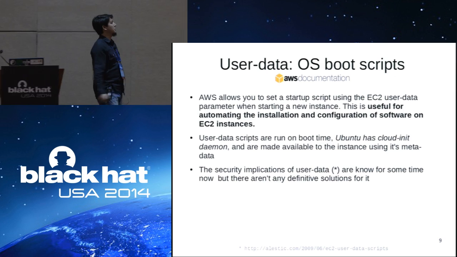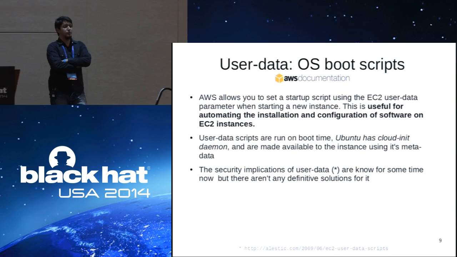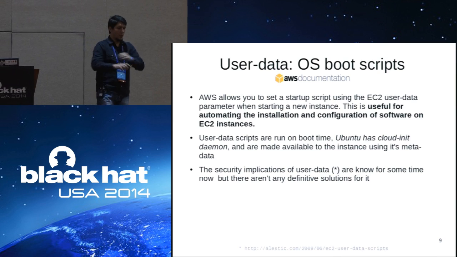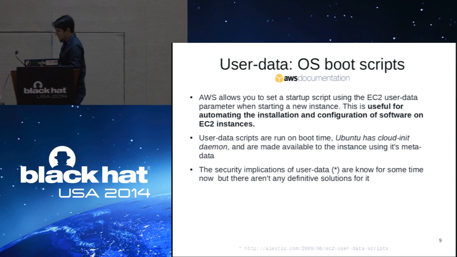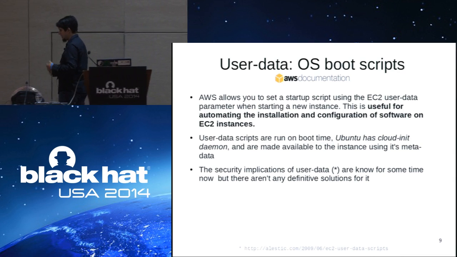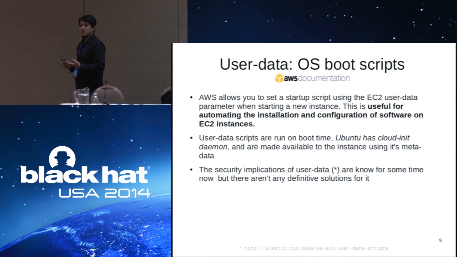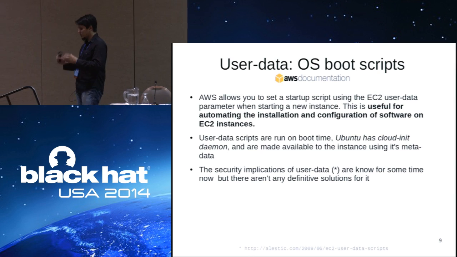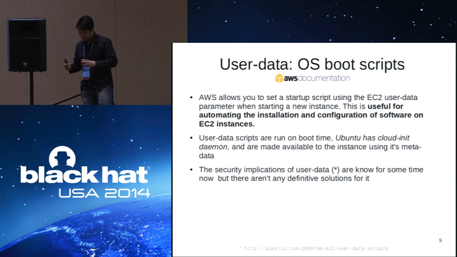When you Google user data Amazon, you're going to find that when you want to start an instance, one of the ways of configuring that instance, and there are different ways, Amazon is really flexible, but one of the ways of doing that is providing a user data script.